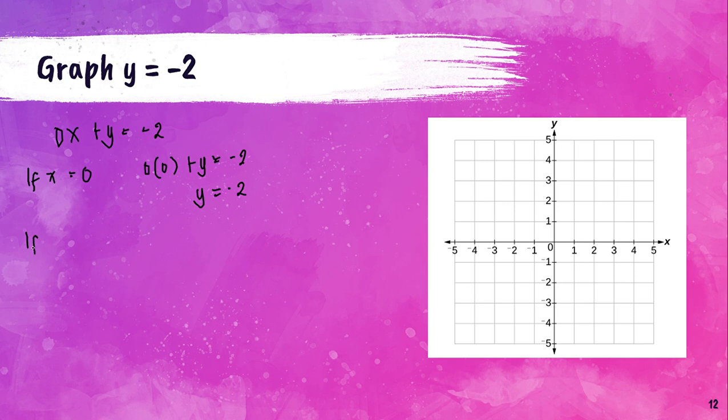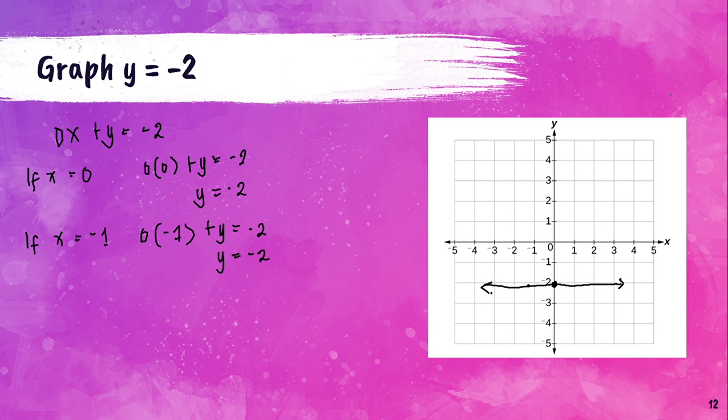How about if x is equal to negative 1? So we have 0 times negative 1 plus y is equal to negative 2. 0 times negative 1 will be 0, plus y. So we have y is equal to negative 2. So let's plot the point, y is equal to negative 2. Okay, so let's draw a line that passes through this point.